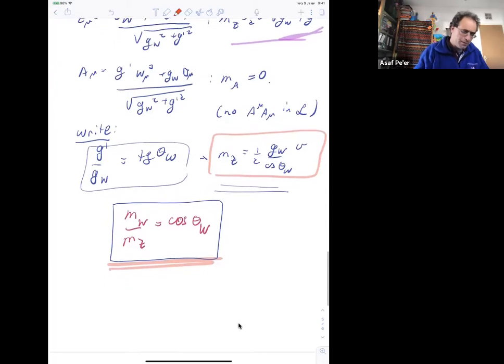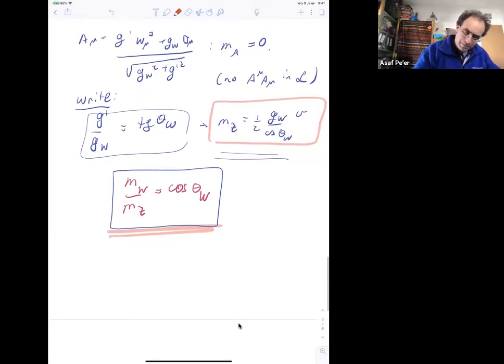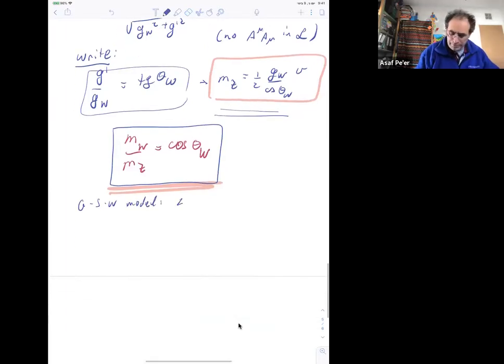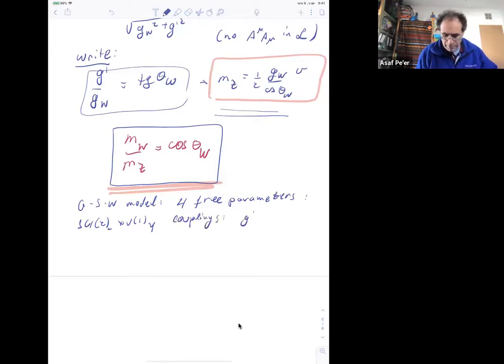So the GSW model, Glashow, Salam, and Weinberg, has only 4 free parameters. We have the gauge couplings of SU(2)_L times U(1)_Y, g prime and g weak.